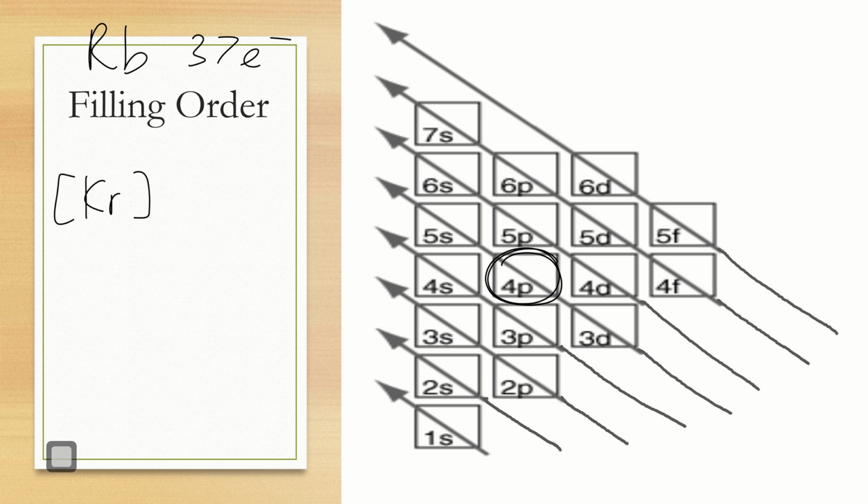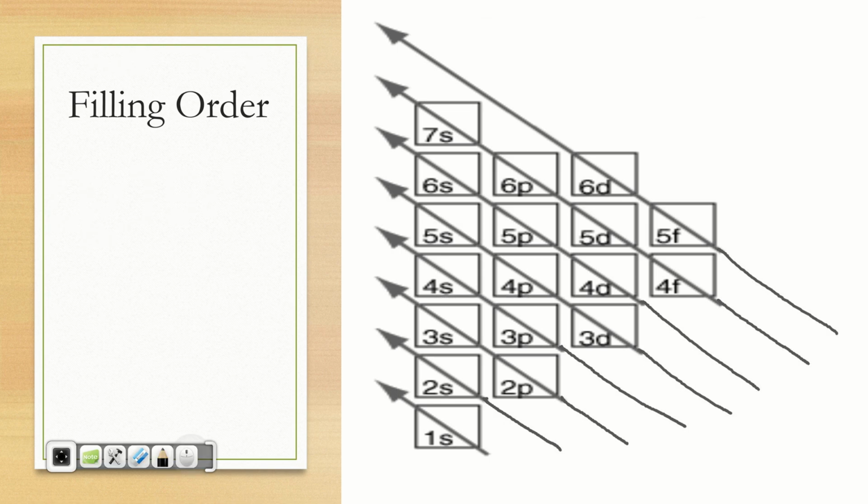So you've taken care of all of these down here and this one, because you've already gone through that arrow. We just finished 4p. What's after 4p? It's 5s, and that would just be 5s1, because krypton accounts for 36 electrons. I just need to show that last one. That's 5s1. Okay?